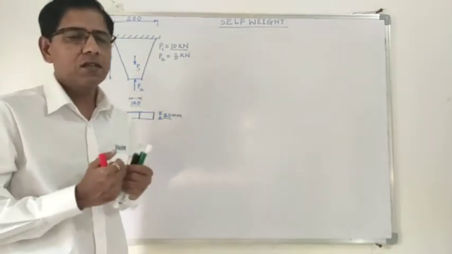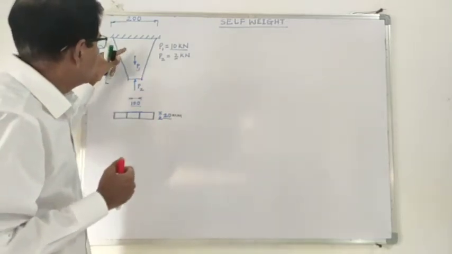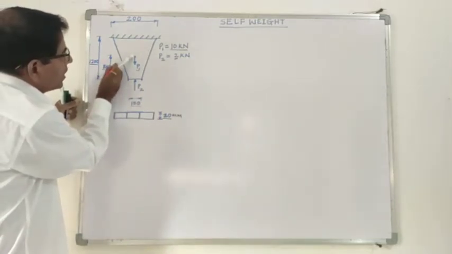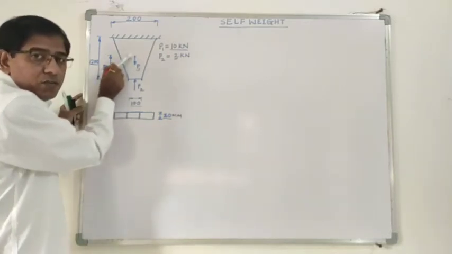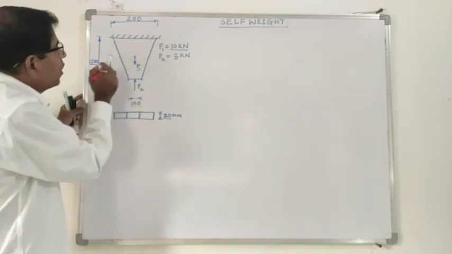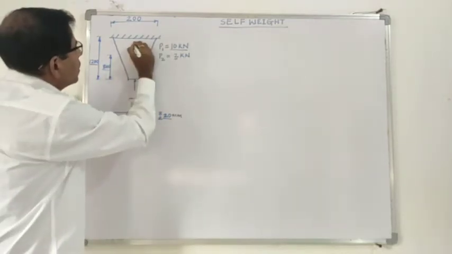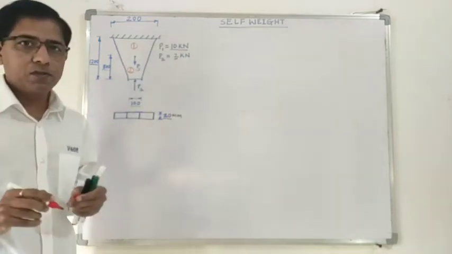That is question number 1. Since one force is given at 800 mm from the bottom, what we'll do is discretize into 2 steps.